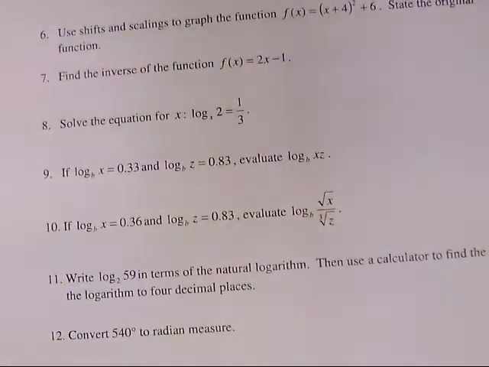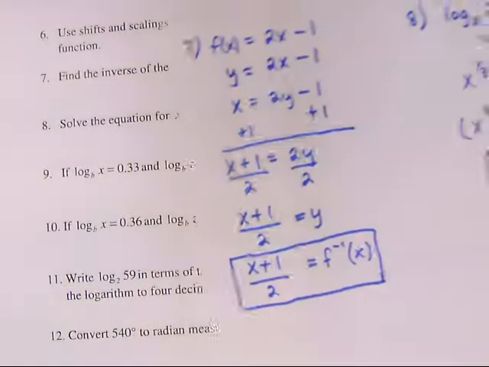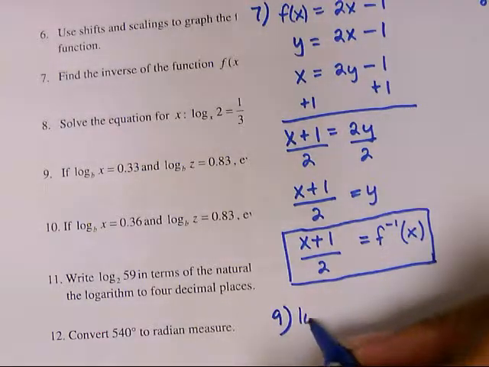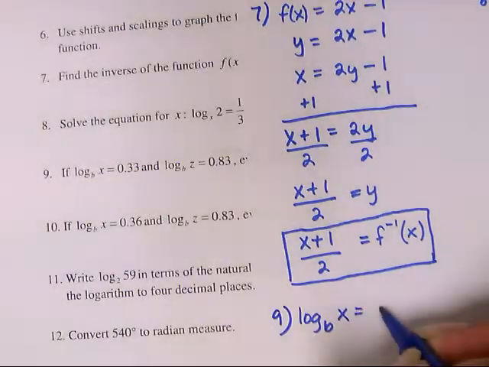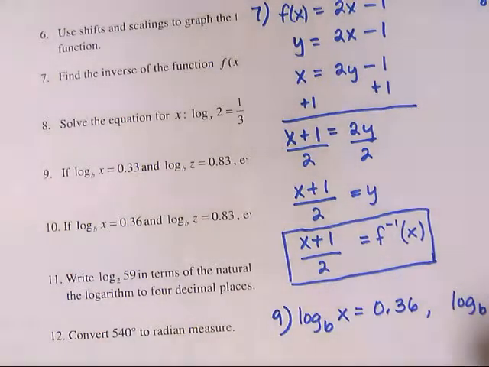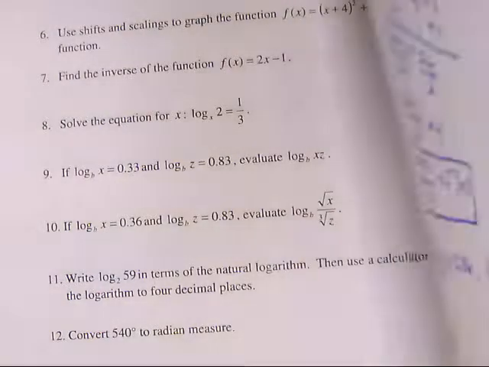Number 9, if log to the base b of x is equal to 0.33 and log to the base b of z is equal to 0.83, evaluate log to the base b of x times z. So in this case, I'm going to write down log to the base b of x is equal to 0.33, and then log to the base b of z is 0.83.